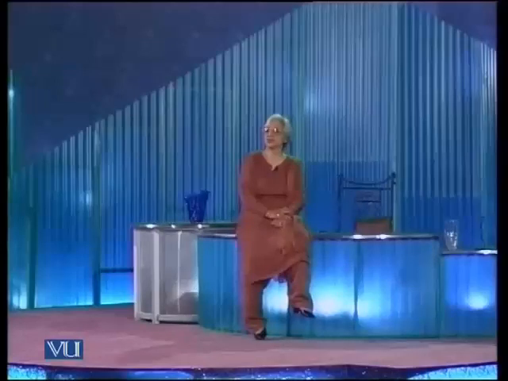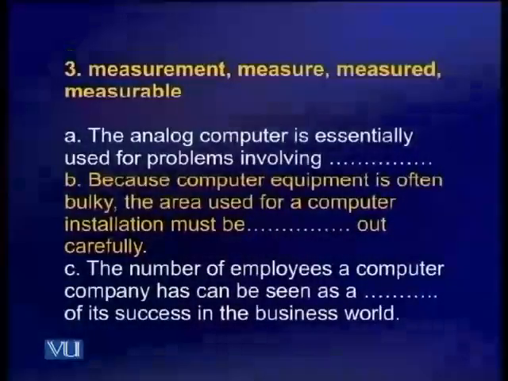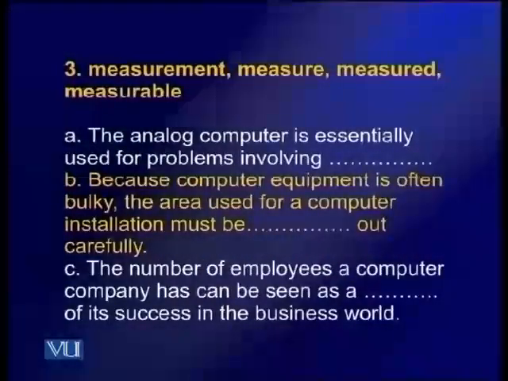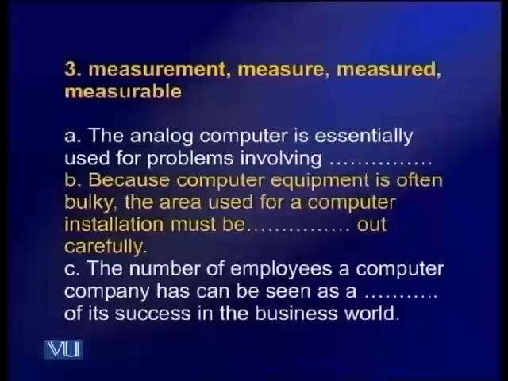The analog computer is essentially used for problems involving measurement. Number B, because computer equipment is often bulky, the area used for a computer installation must be measured out carefully. In the first blank you used a noun. Here it has to be a verb, must be measured out carefully.